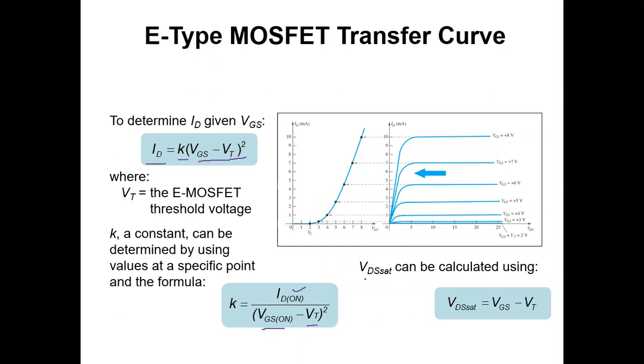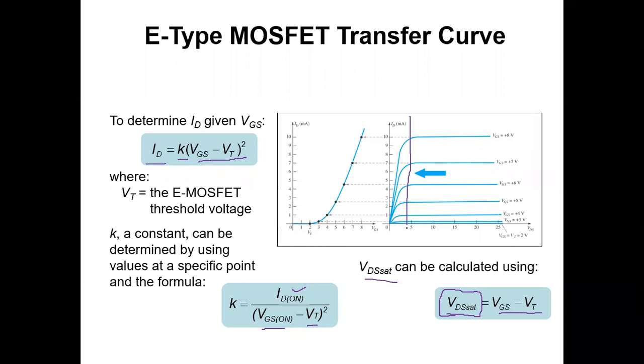And your VDS sat, that is the drain-source voltage at saturation, is given by VGS minus VT, whatever you apply at the gate minus the threshold voltage. If your VDS is less than that, then the device is in the linear region. And if the drain-source voltage is greater than this, then the device is in the saturation region.